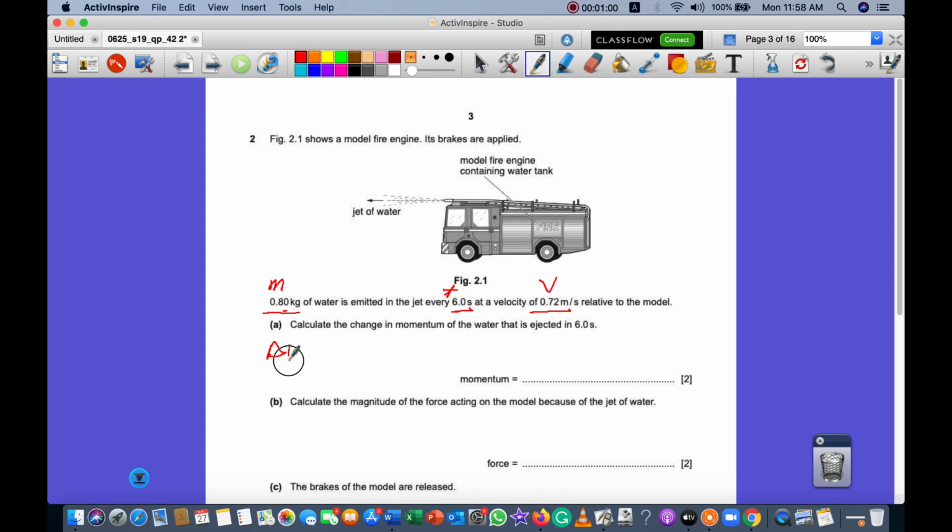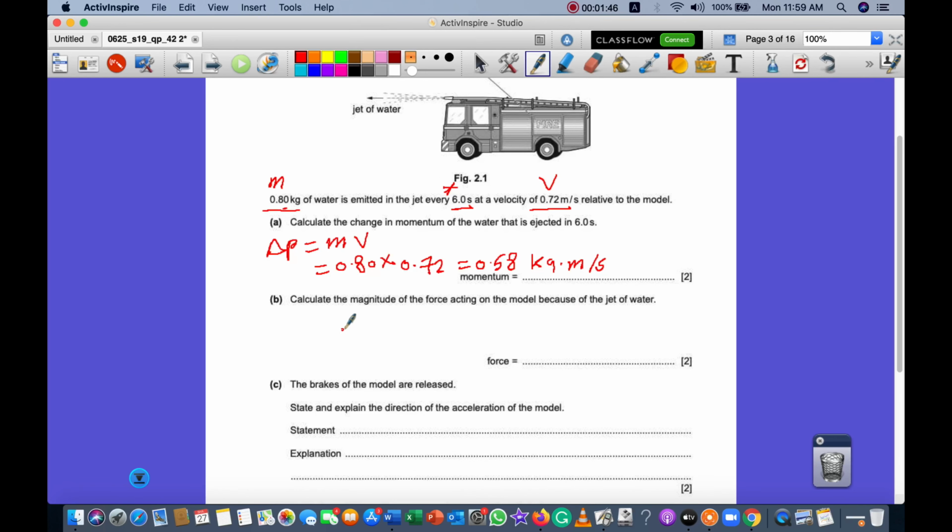So delta P equals M times V. So it will be equal to mass, which is 0.80, times speed, which is 0.72, equals 0.58, and the unit of the momentum will be kilogram meter per second. Okay, next.